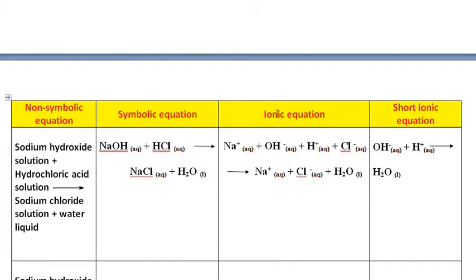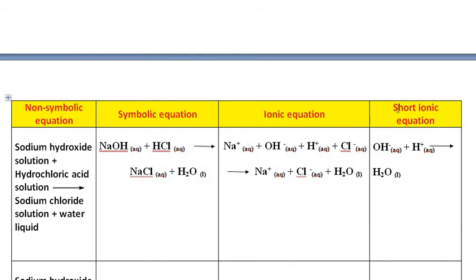So if you want to get the ionic equation from the symbolic equation, just ionize all compounds that are aqueous, only aqueous, not liquids, not solids, not gases. Only aqueous solutions are separated into positive and negative ions, like that here.